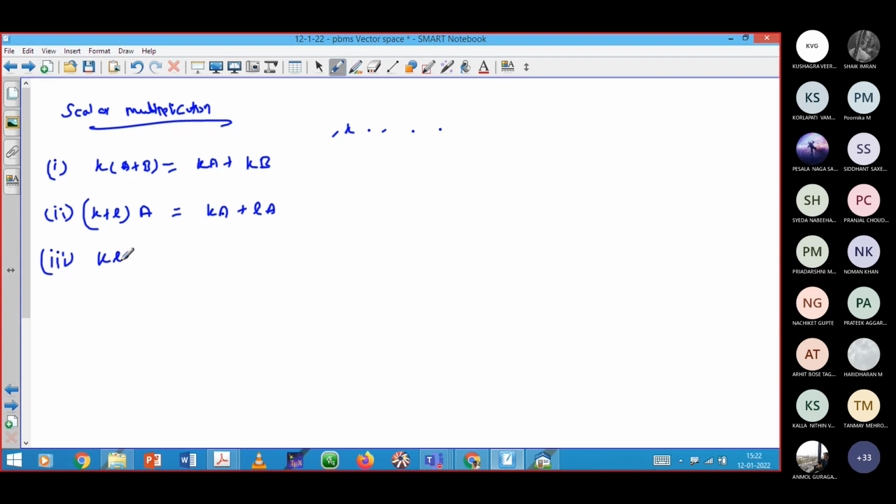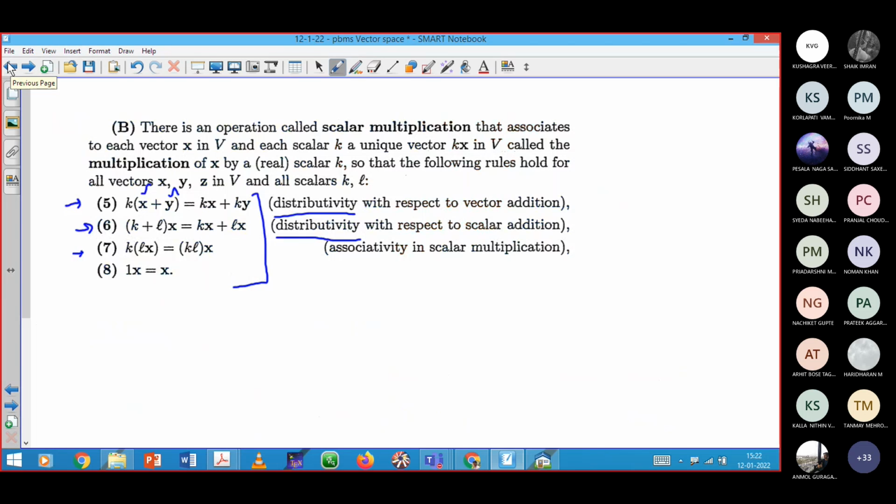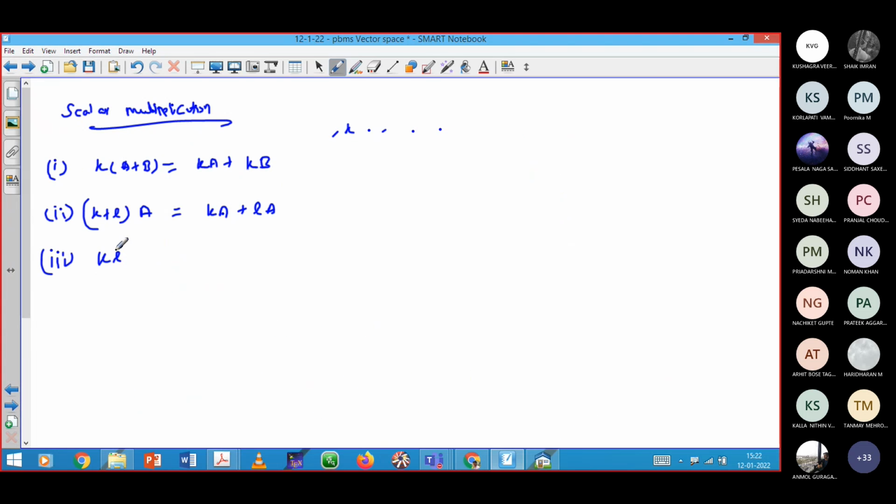The next one is (kl) into A; that means k into (lA) equal to (kl) into A. The last one is very easy: 1 into A equal to A. By verifying all four conditions, you can conclude that M 2 by 2 satisfies the algebraic operation scalar multiplication. So by verifying these two algebraic operations, you can conclude that it forms a vector space.